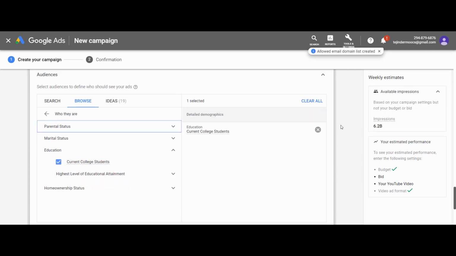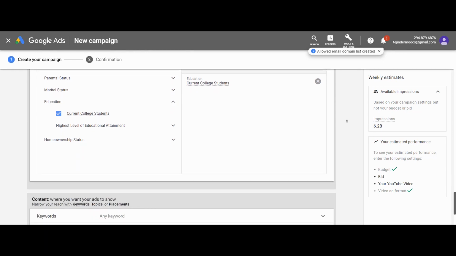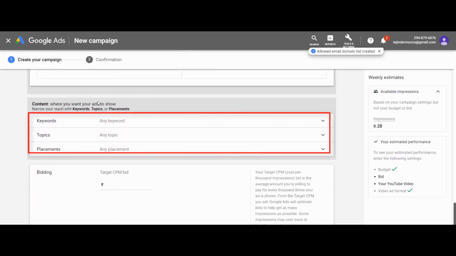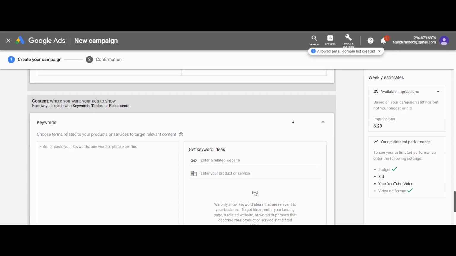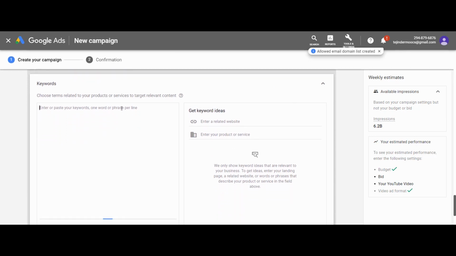Next, we can select our audience on the basis of content, that means where you want to show the ads. You may define a few keywords that must be present in the video description or websites, and your ad will be shown there. You may get ideas on the basis of the address of your website or simply by typing the product and services here.